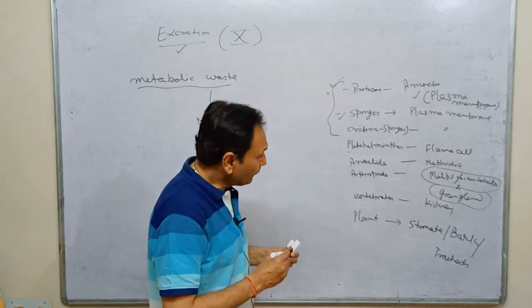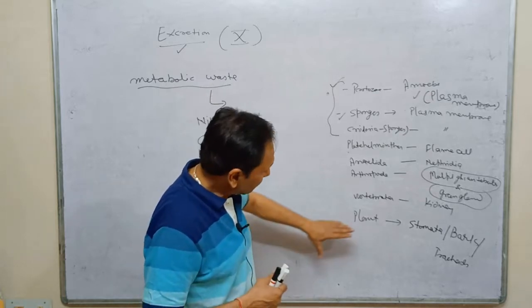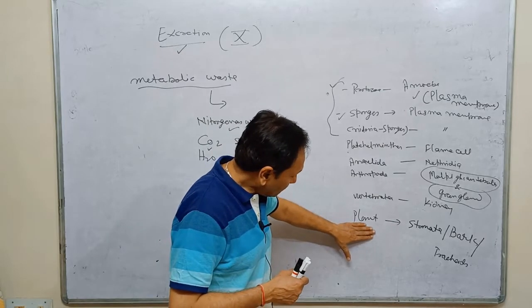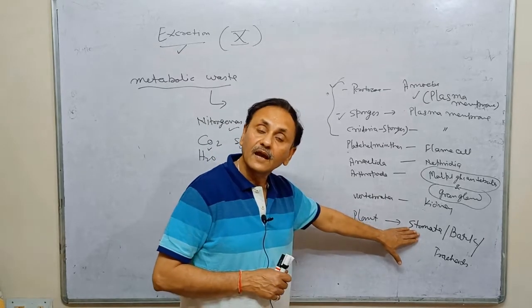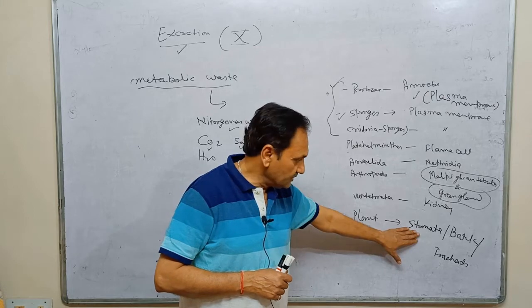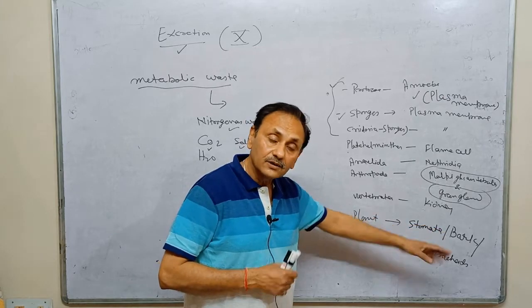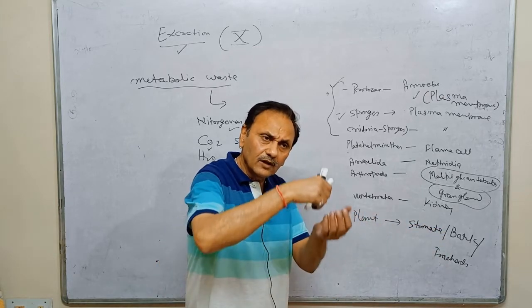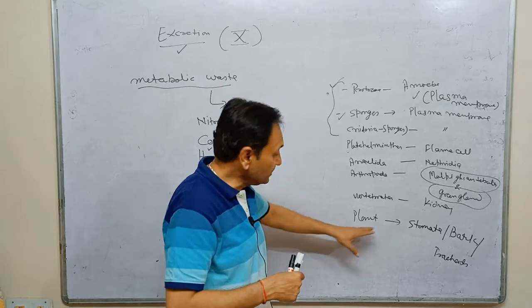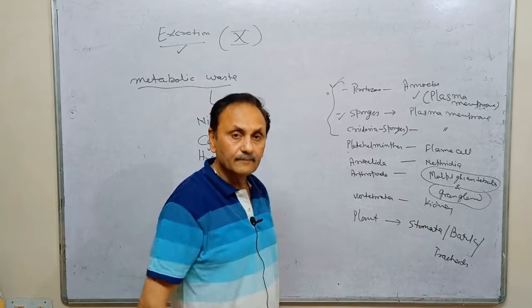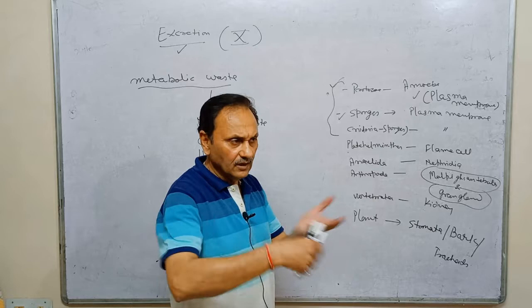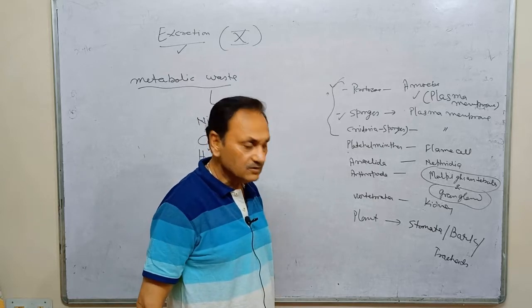In case of plants, it has been observed that the stomata eliminate gaseous substances, and bark accumulates waste material and ultimately gets rid of it in periodic time periods.